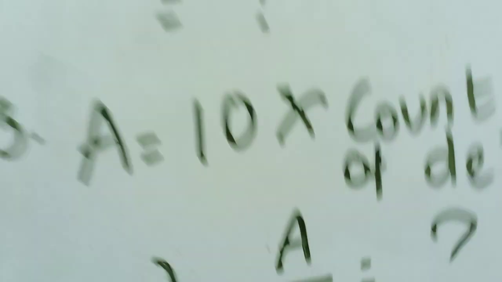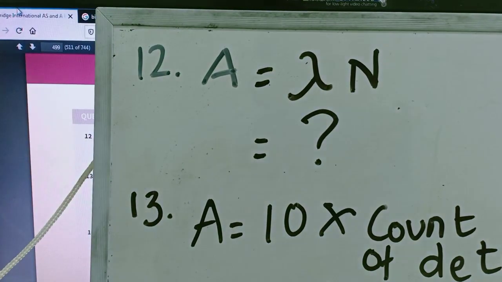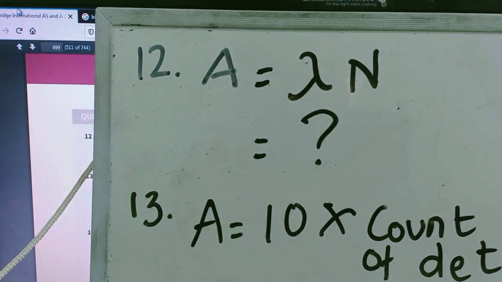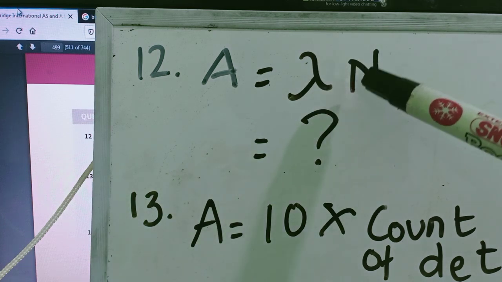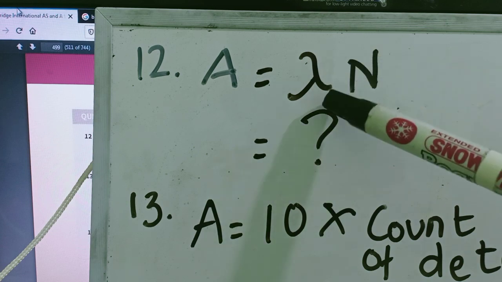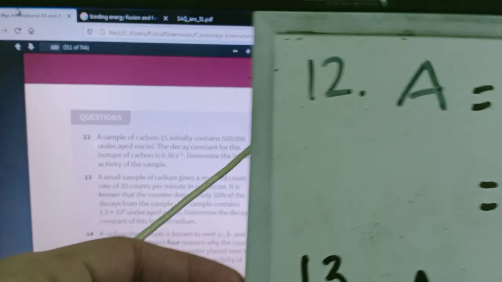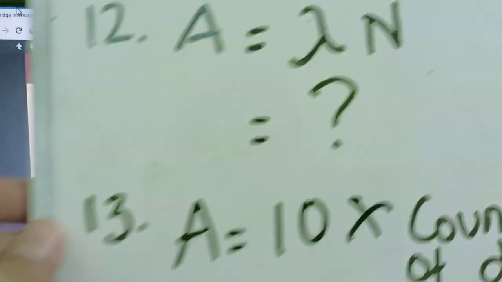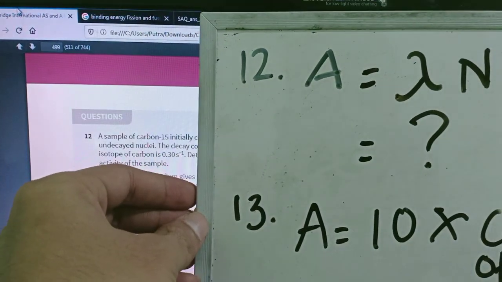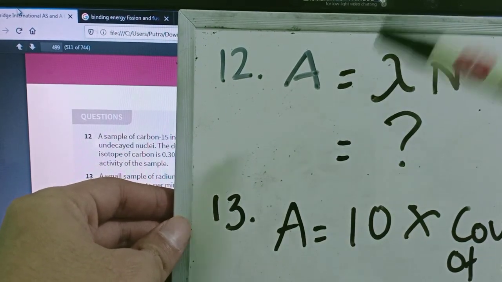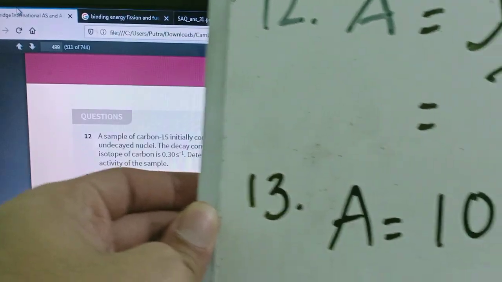For number 12, we can simply use the formula A equal to lambda times N. N is the number of undecayed nuclei, and lambda is the decay constant, which is 0.3 per second. So you just need to put in all the numbers and find A, the initial activity of the sample in becquerels.